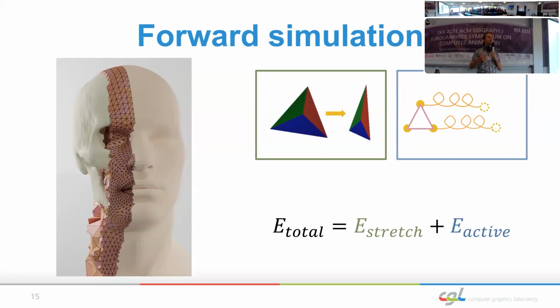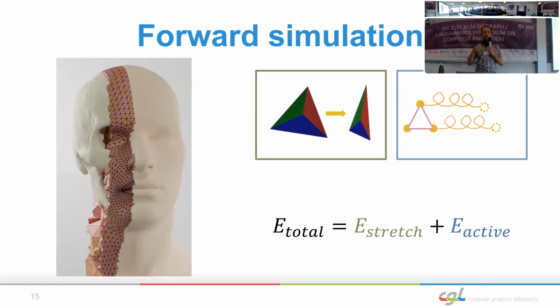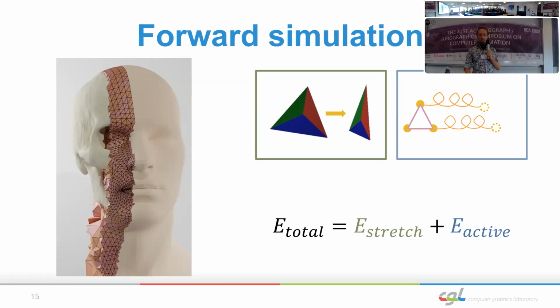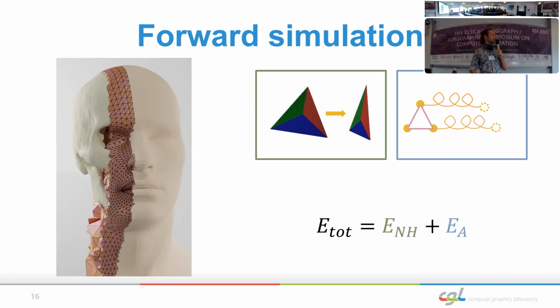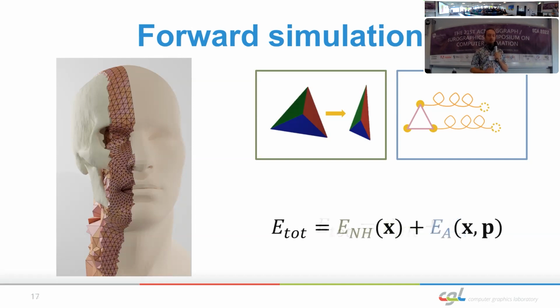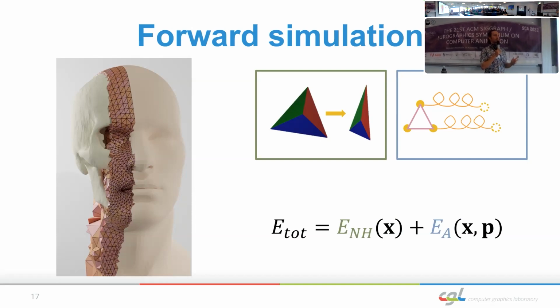It's as if they were attached by zero rest length springs, hence the visualization, and are being forced towards their post-treatment position. So we'll abbreviate these terms a little bit, and then note that the elastic term depends only on the deformed shape, whilst the active term depends on the deformed shape, but also the treatment parameters.